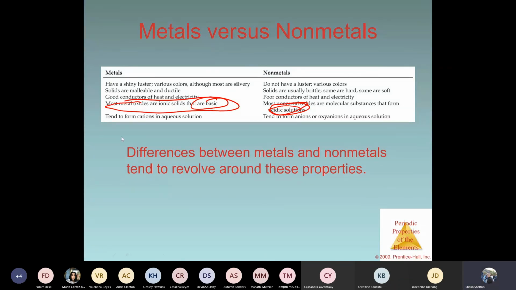And we already know that metals form positive ions and non-metals form negative ions. So again, this is an important table. I would write it down after we're out of lecture here. It's too much to write down at this point in time. But take a picture of it, make sure you write it down, and make sure you learn the small differences between metals and non-metals.